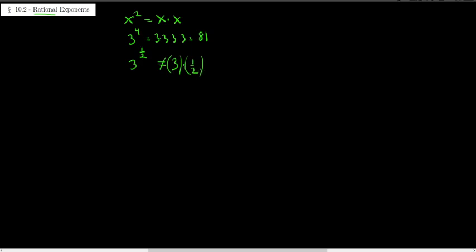Okay, so let's think about this. Let's do this example here. Let's look at 9 to the 1/2. Or well, let's make it 25. So 25 to the 1/2, right?